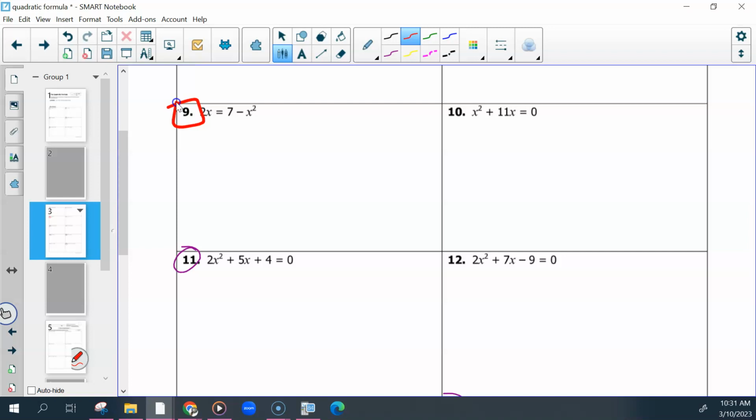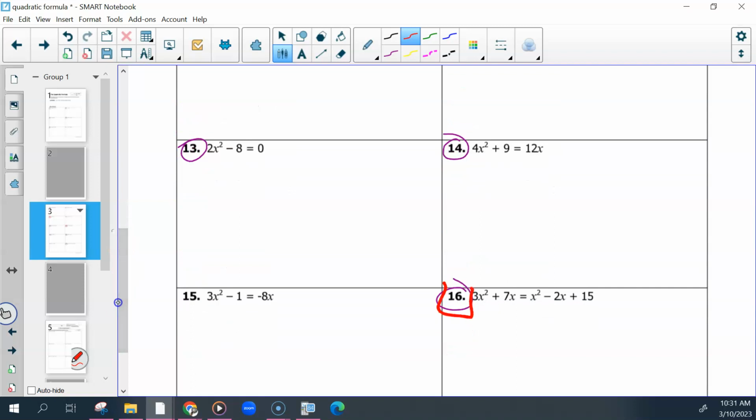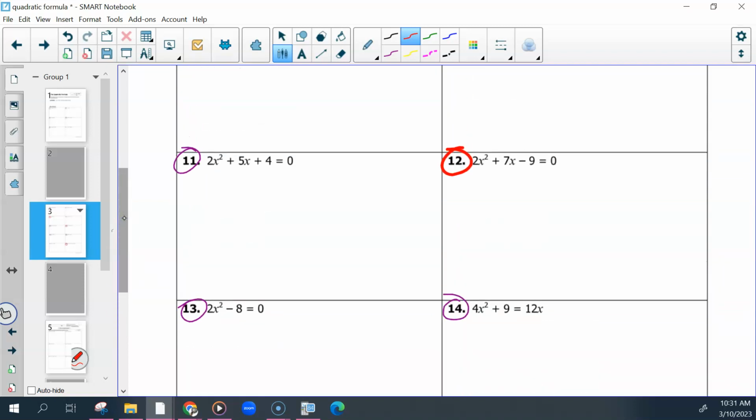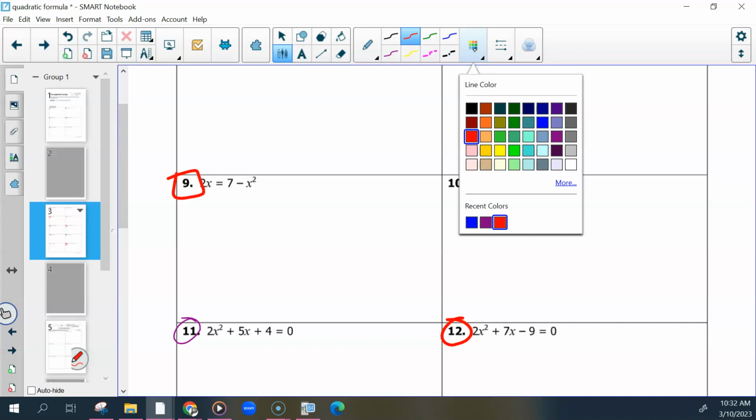Look at number 16, 12. Let's start at 9, do 12, do 16. If any others come up that you want to see go over, we'll do those.